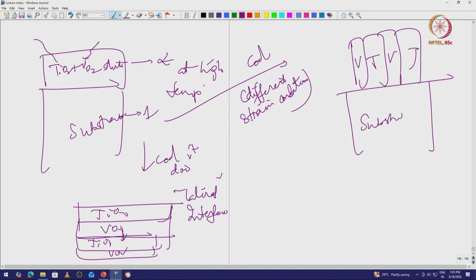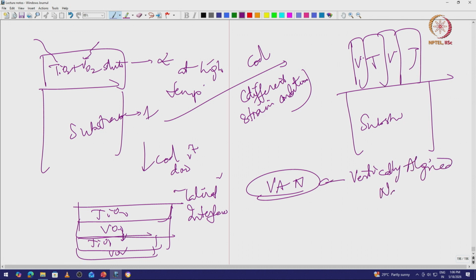Okay. Now, typically getting these vertically aligned nanostructures is difficult. Getting horizontally aligned nanostructures is fine. We can just first give titanium oxide, then give vanadium oxide. I can grow it layer by layer.